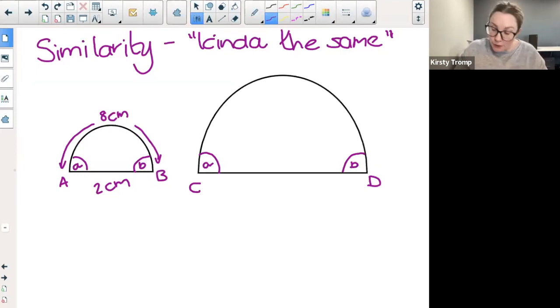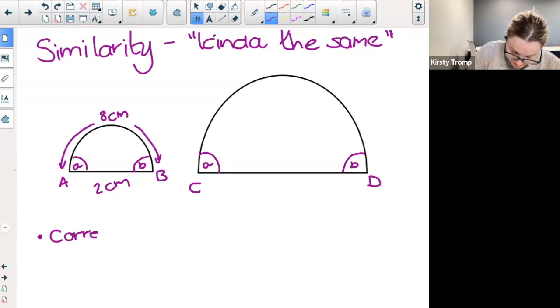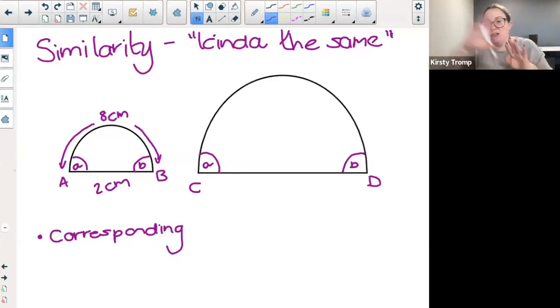So the first thing that we can say about similar figures is that the corresponding angles are equal. What corresponding means is like the picture of the other image, the corresponding angles.